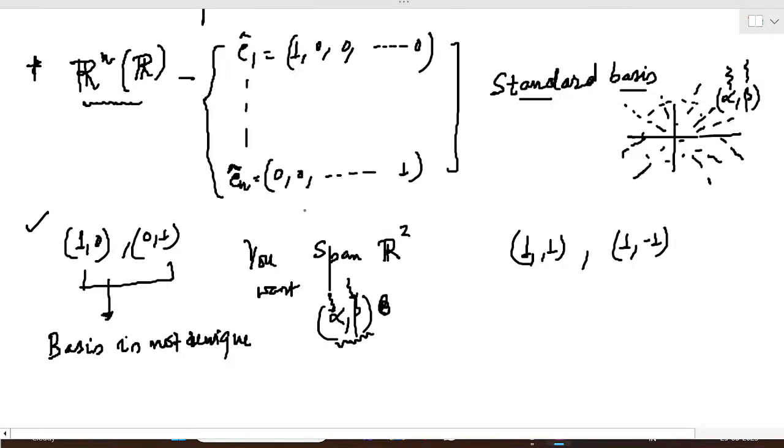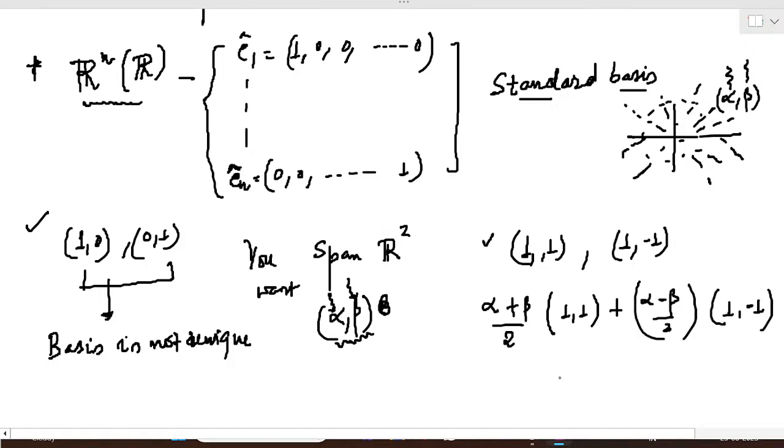So do you always need these vectors (1, 0) and (0, 1)? No doubt these are standard ones, but they are not unique. You can do the same using these also. Just take (alpha plus beta)/2 times (1, 1), plus (alpha minus beta)/2 times (1, -1). In this way you can express (alpha, beta).